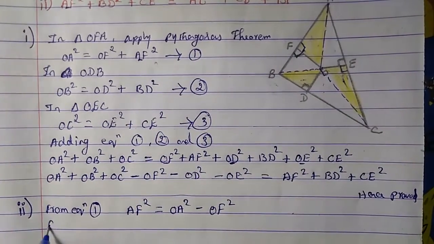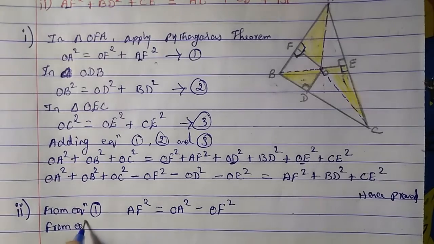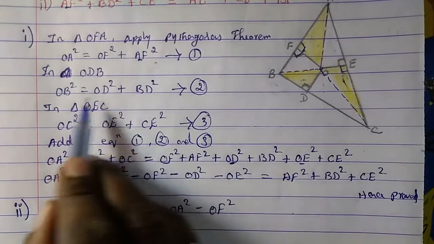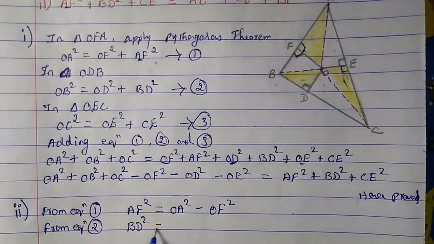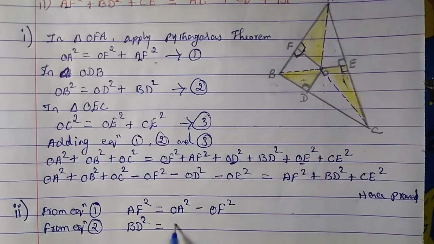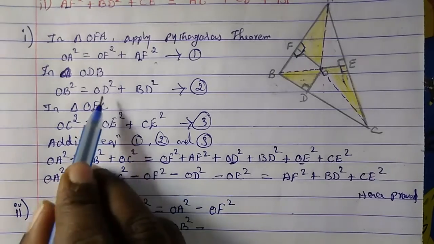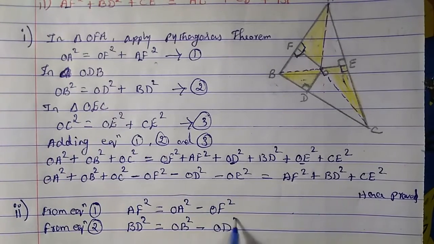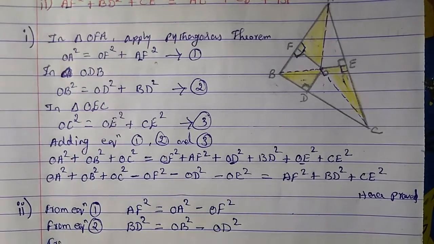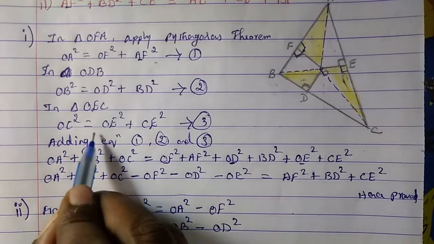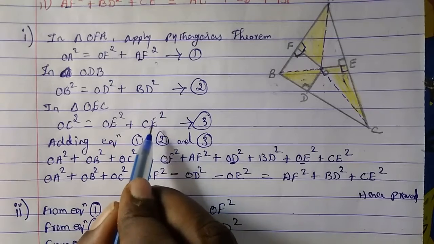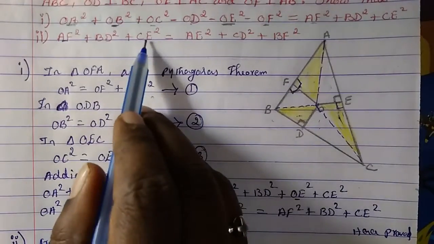Now from equation 2, in the same way, keep BD square, then this will be OB square minus OD square. And from equation 3, we have to keep CE, because C is here.